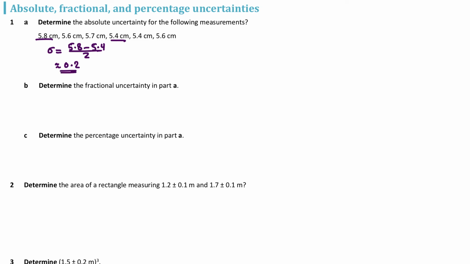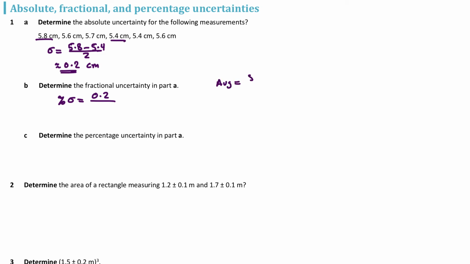For part B, we're asked to determine the fractional uncertainty, and so this is centimeters, so I want to include that. Fractional uncertainty would be the uncertainty of the value divided by the measured value. So we've got to figure out the indicated value in terms of the average. So I'll do that on the side here.